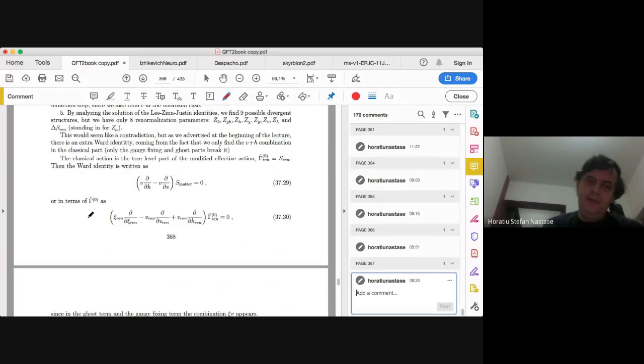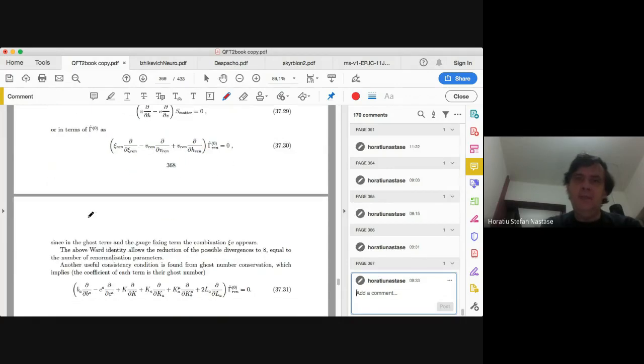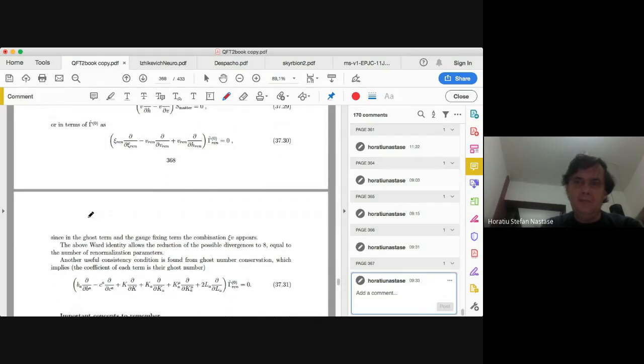that I have not proved even in the unbroken case, and together this in principle proves the all order renormalizability of the broken gauge theory.